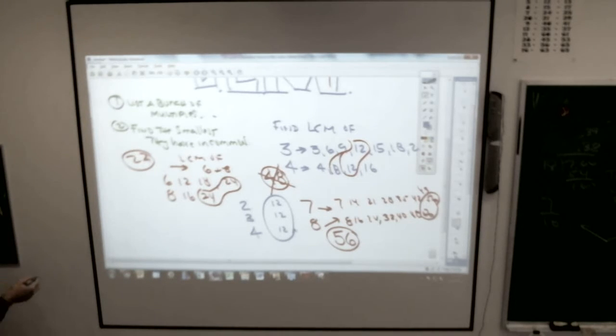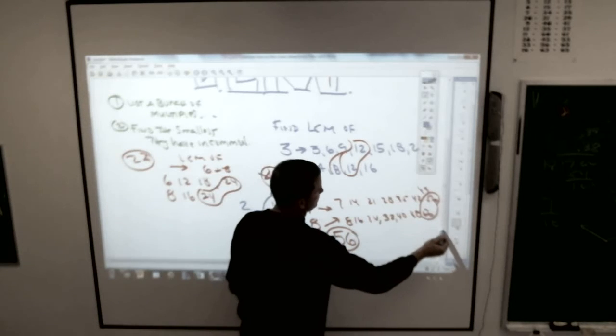Now, here is a least common multiple story problem for you.